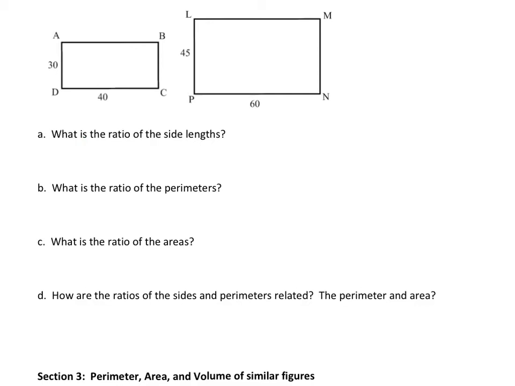Now on the previous page, I'm just going to write it here again, we're given that ABCD is similar to LMNP. So we can use that to find what those ratios should be.